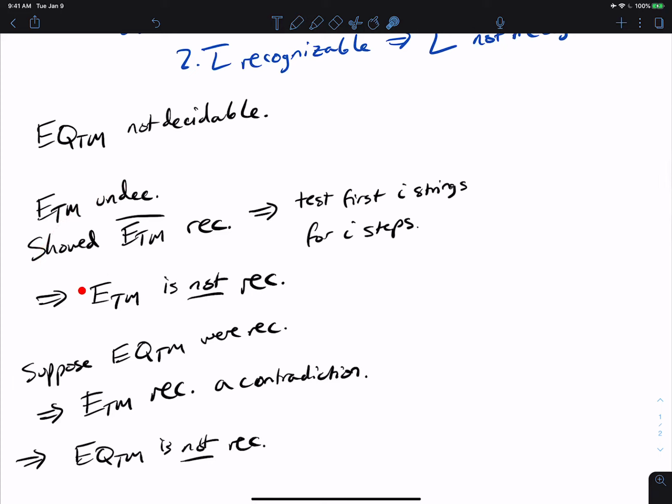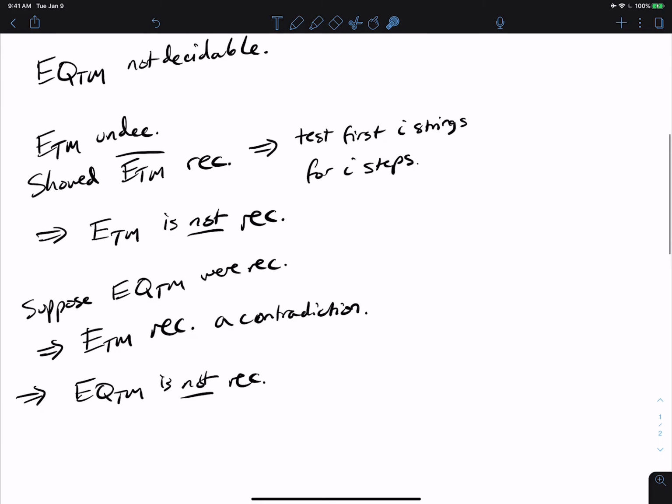If you know that a certain language is not recognizable, and you have some language that you want to show is not recognizable, you can use a hypothetical recognizer for it. If that implies that the original language is recognizable, then that would be a contradiction, so the one you're interested in is not recognizable.